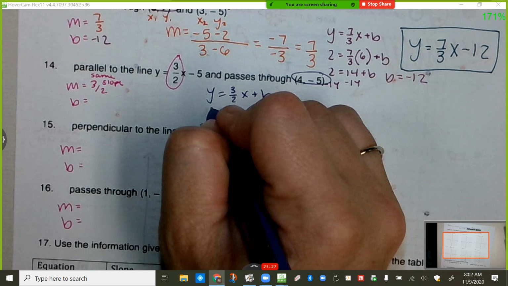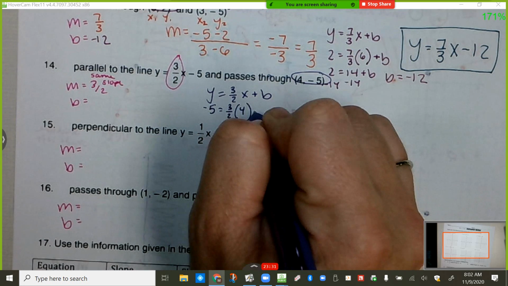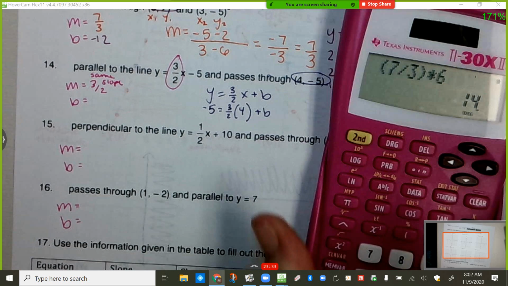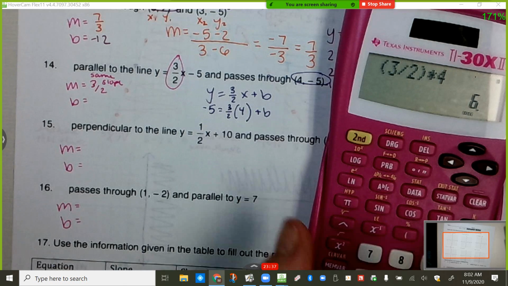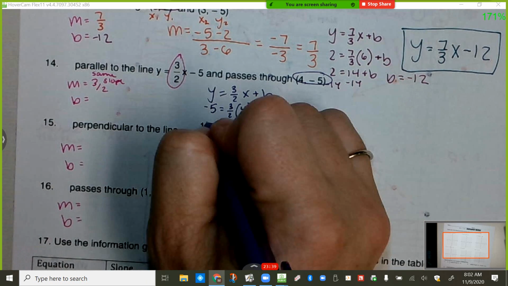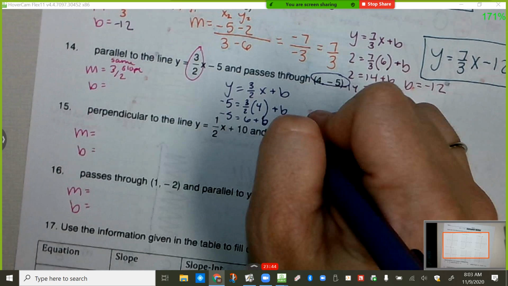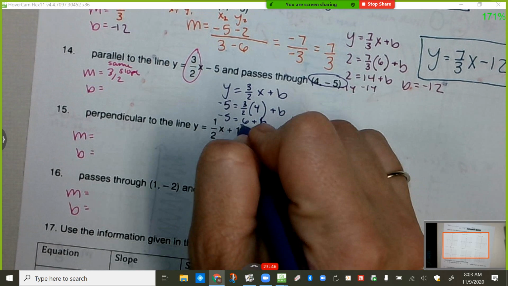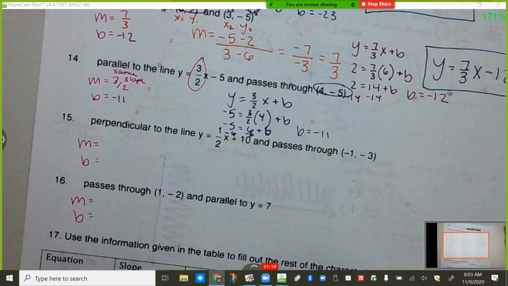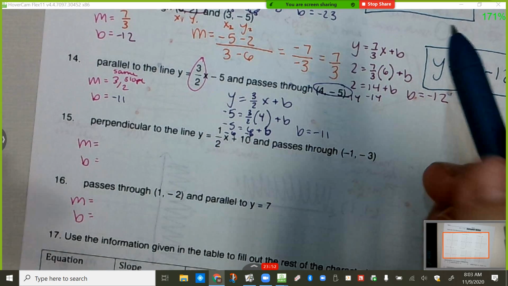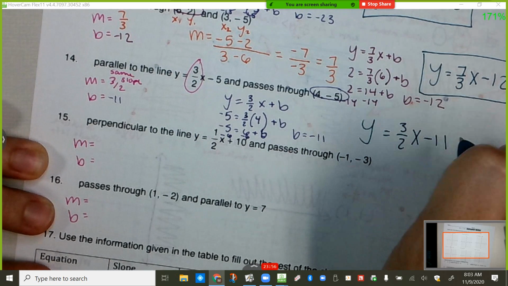So negative 5 equals 3 over 2 times 4 plus b, which is 6. So negative 5 equals 6 plus b. How do I get b by itself? Subtract 6 from both sides, and I get b equals negative 11. So I get y equals 3 over 2x minus 11.